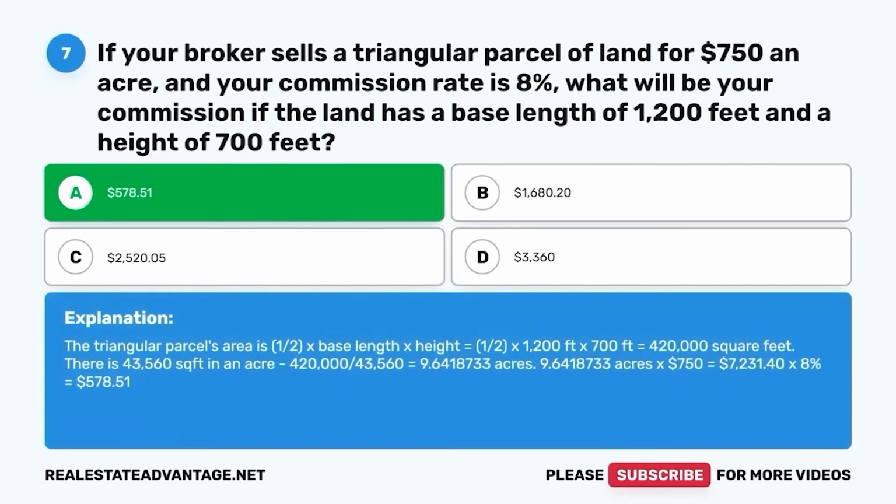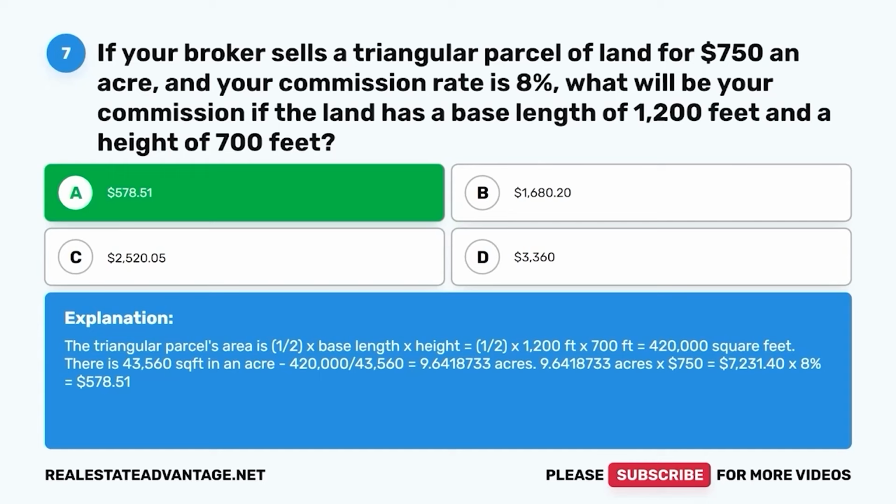$578.51. The triangular parcel's area is 1/2 times base length times height, which equals 1/2 times 1,200 feet times 700 feet, which equals 420,000 square feet.